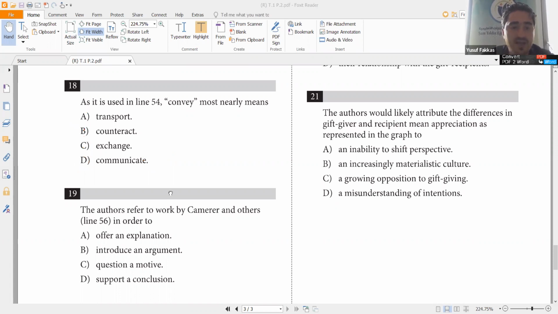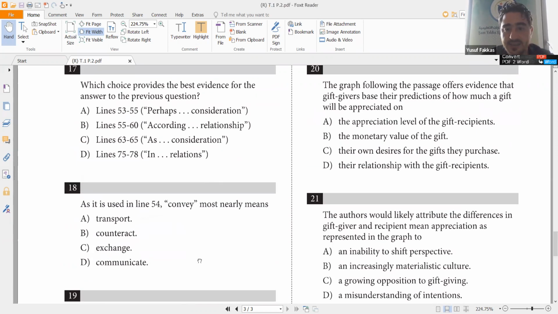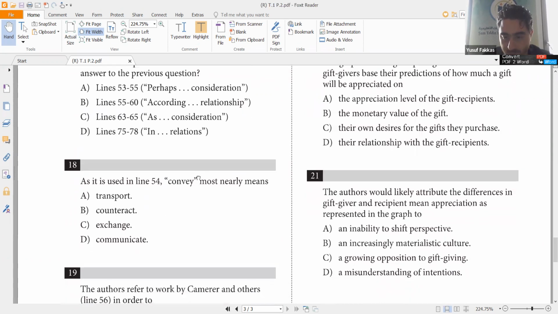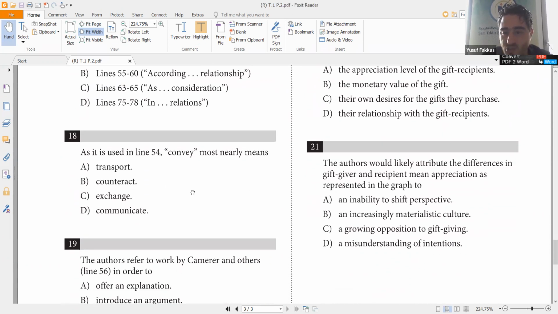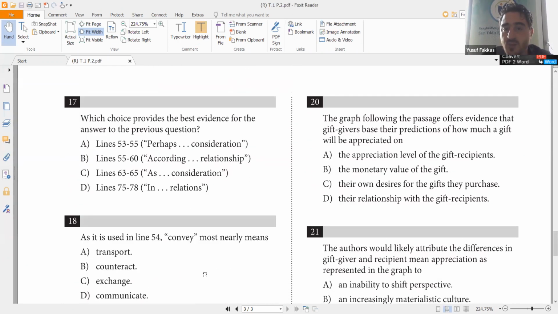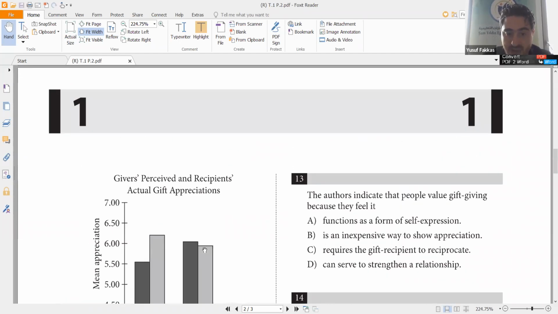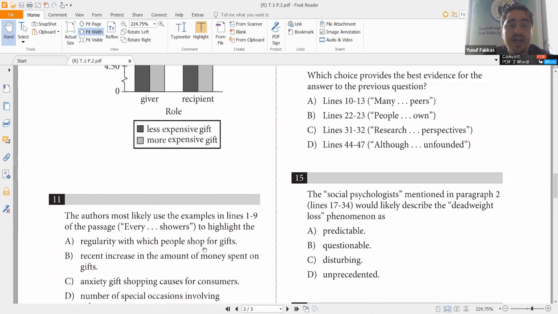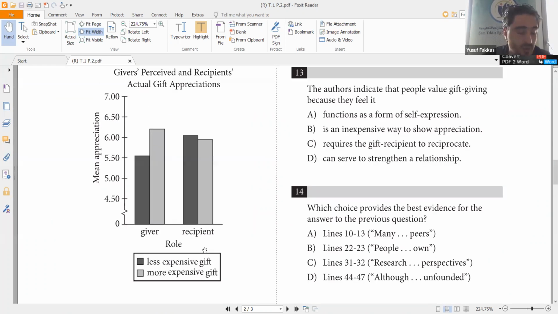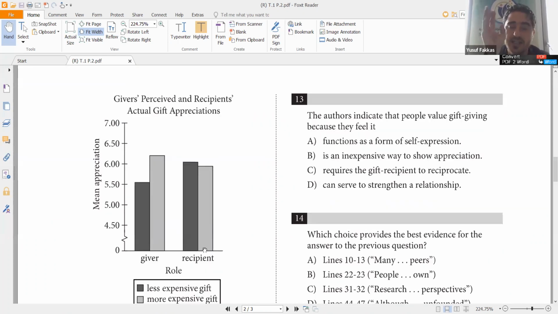Now here's the thing. We still have questions 19, 20, and 21. 19 is about the passage, but 20 and 21 are about the graph that follows the passage. I'm going to give you 5 minutes to answer these 3 questions, guys. Please read these questions, apply the methods we learned about how to answer graph questions, and send me your answers.